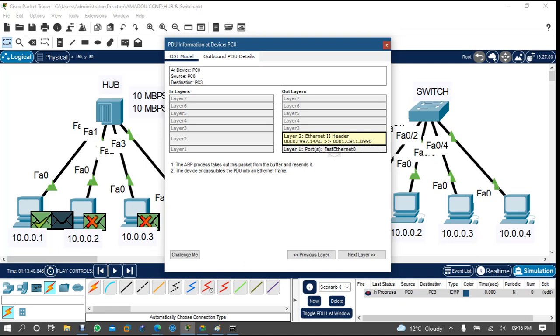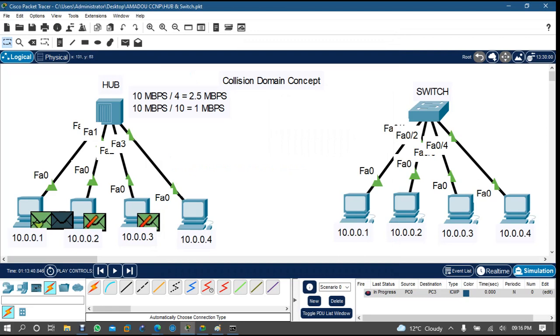So what it's saying here is that ARP has gone to the hub, then ARP came to the PC, and then the PC came with the IP address to this computer, and now they are communicating. That's why whenever you try to communicate to any computer in the network, the first packet, whenever you are sending, maybe you are sending 5 packets.